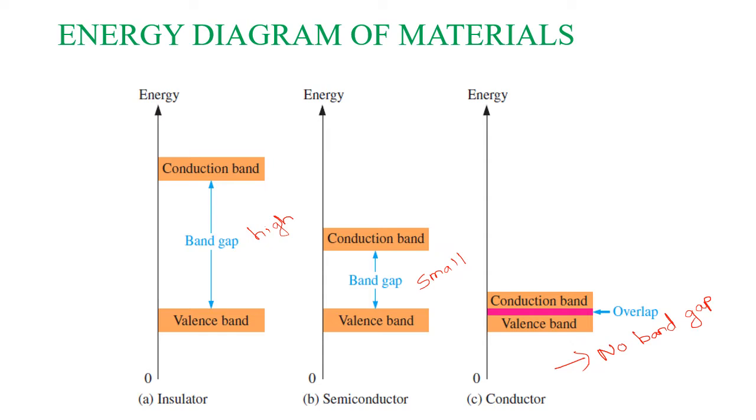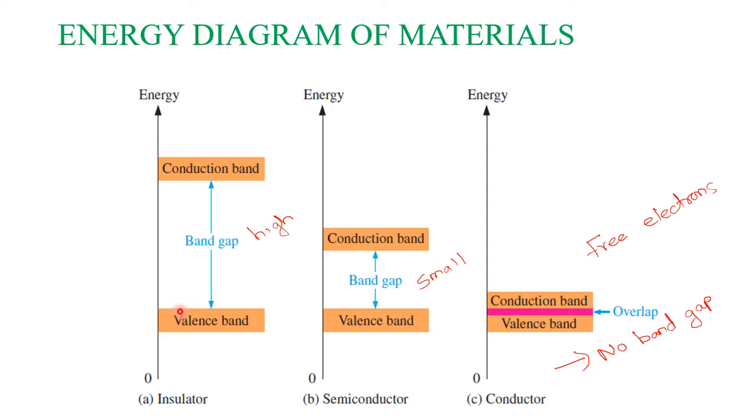That is why, since it is overlapped, you can easily have free electrons. In conductors, the free electrons are there. But in case of semiconductors, you need to give some external energy so that the free electrons may come out and then it can conduct.